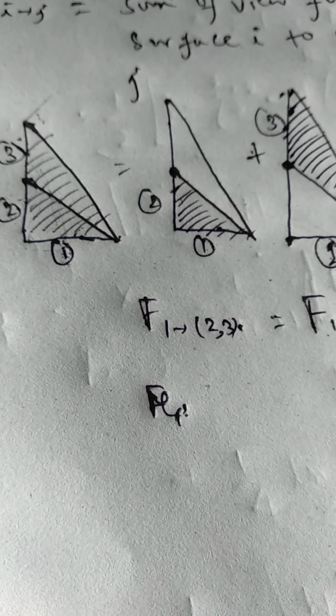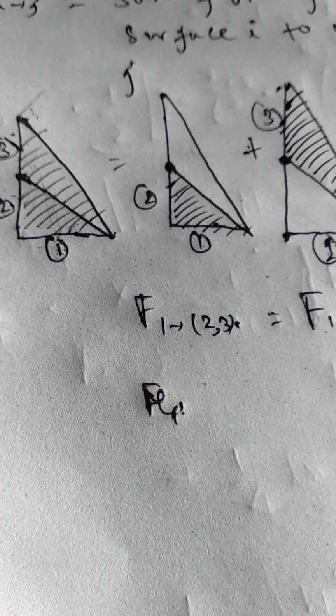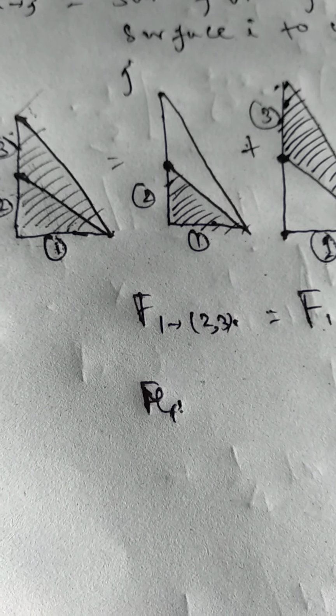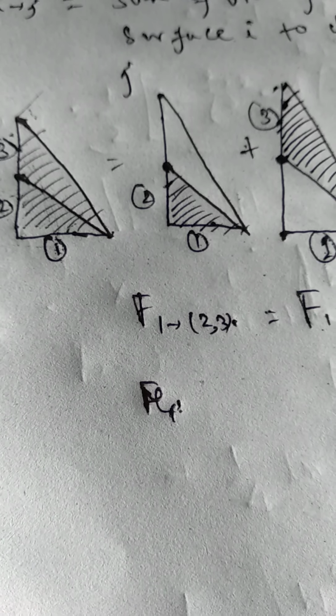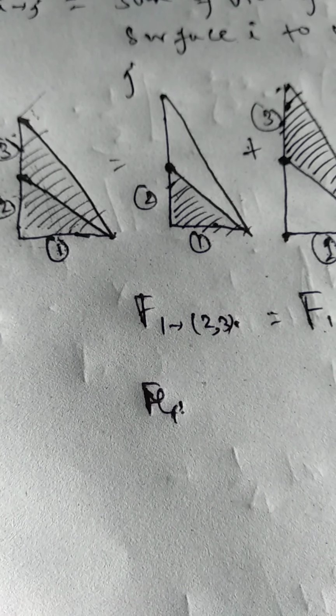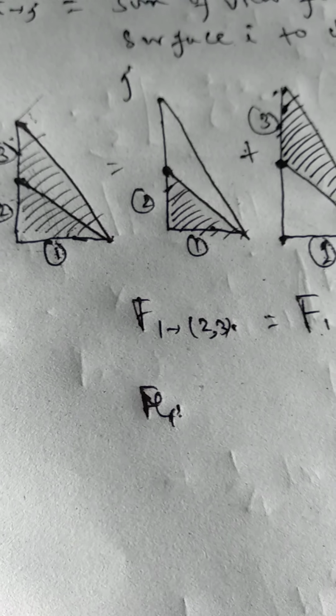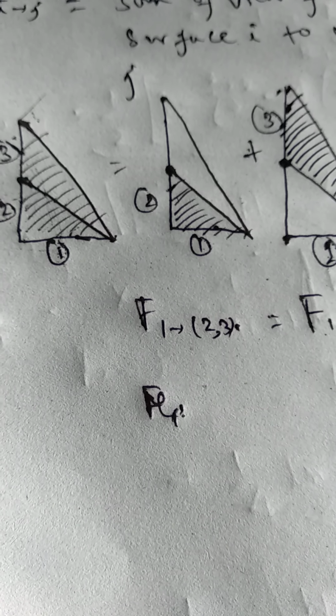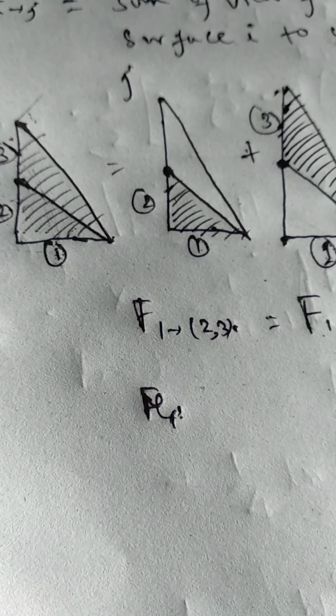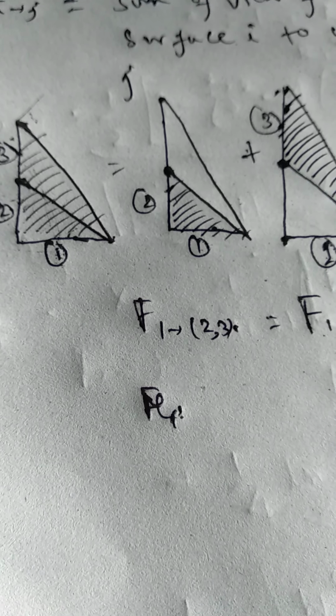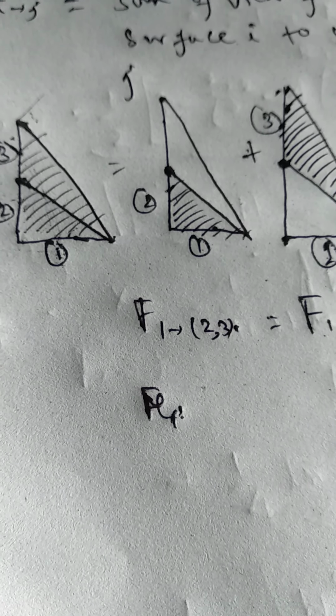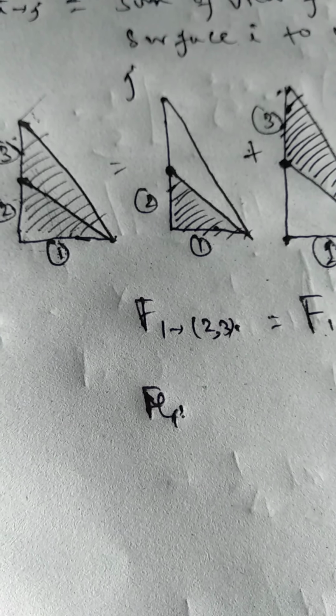By using this relation we can determine some difficult view factors which are not possible to find directly, by expressing one or both of the areas as a sum or difference of areas and then applying the superposition rule.